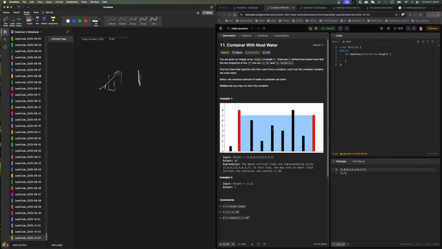Then if it's increasing, you'll kick this out. Now it'll kick this out, and the amount of water that can be held by this is this much. But it doesn't matter, does it?